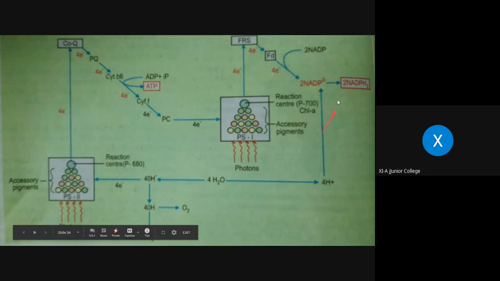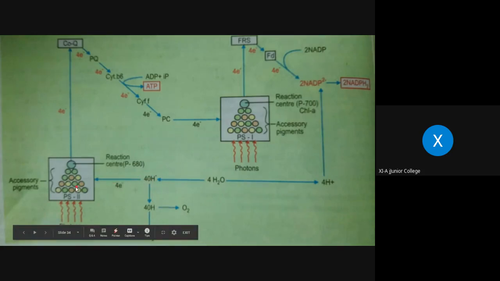4H, these are accepted by NADP minus, but there are 2 molecules, so it becomes a total of 4 electrons accepting 4 protons, that is hydrogen ions, giving rise to NADPH2. Clear? And these 4OH, again, when electrons are removed, they are accepted by photosystem 2, and that becomes without charge, again splits into 4H, gives rise to water molecule and oxygen.